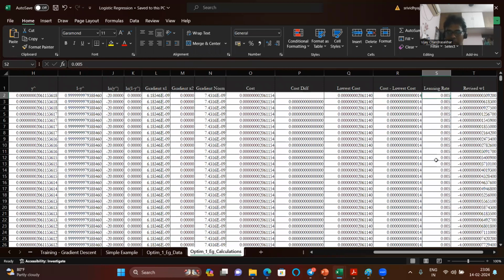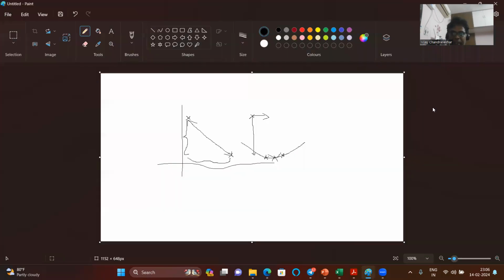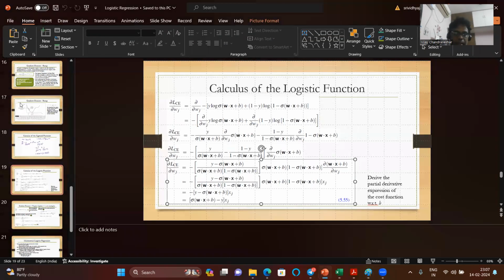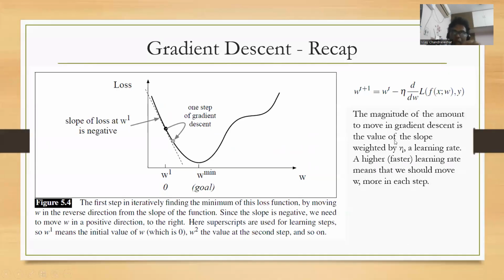Now, learning rate. I want somebody to tell me what we mean by learning rate. Let me take you to the relevant slide, and now tell me what is learning rate and what does it tell you?